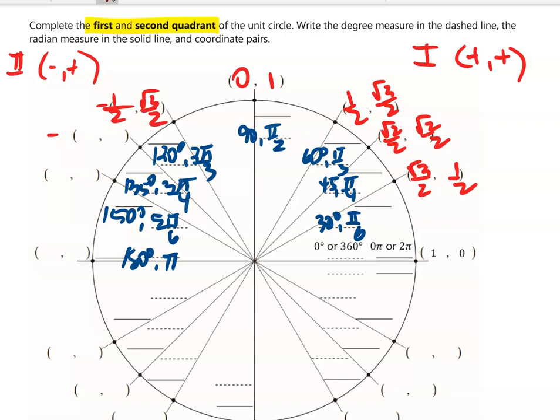This one negative square root of 2 over 2 and positive square root of 2 over 2. Next is negative square root of 3 over 2 and positive 1/2. And here negative 1, 0. Okay, that's the first and the second quadrant of the unit circle.